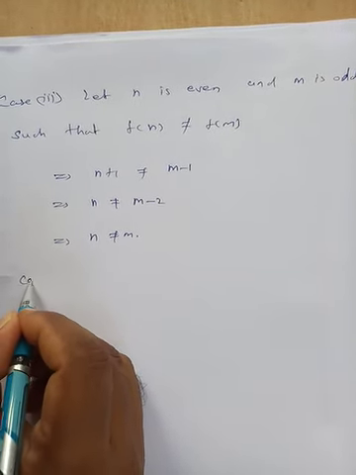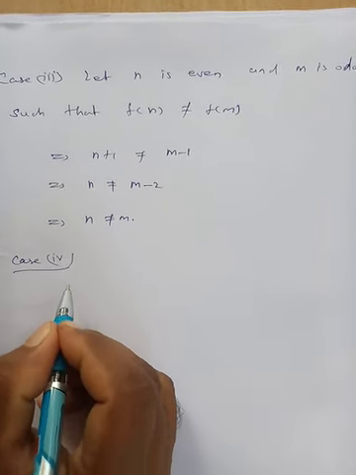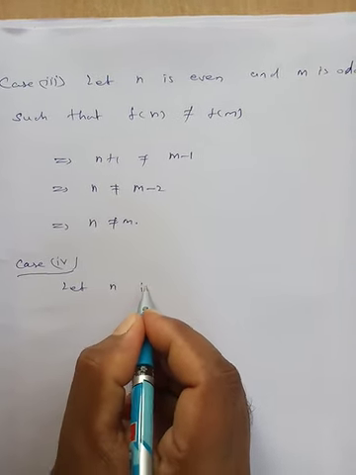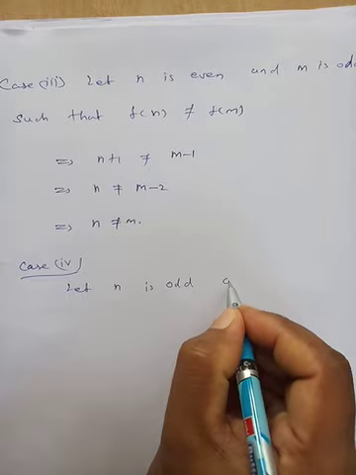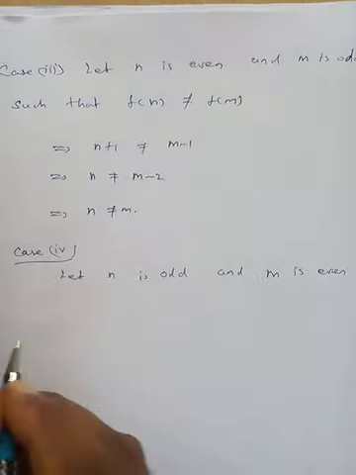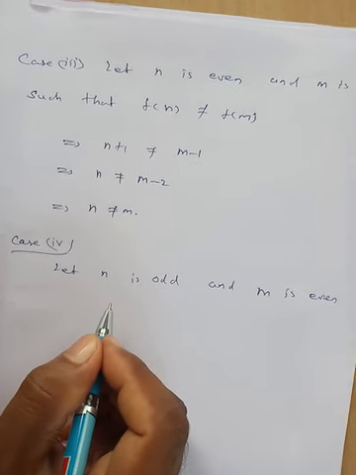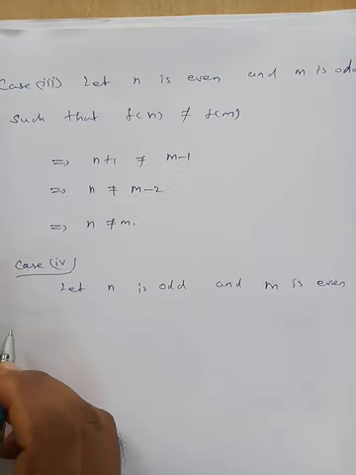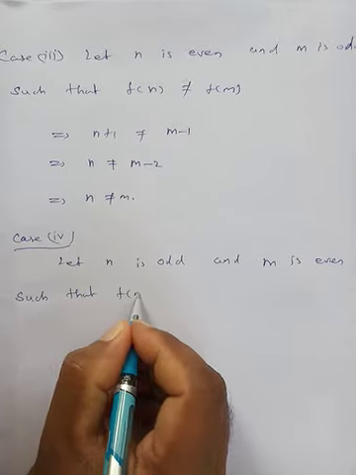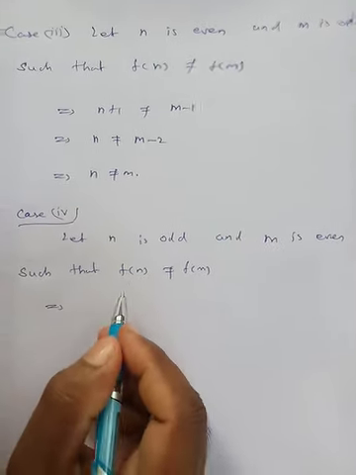Case 4. Let n be odd and m be even. Now the values are different. n is odd and m is even, so the functions will be different, such that f of n is not equal to f of m, which implies n is odd.